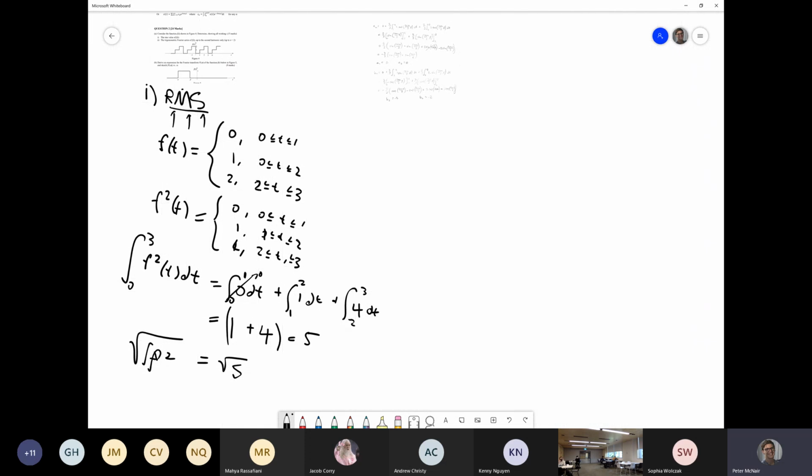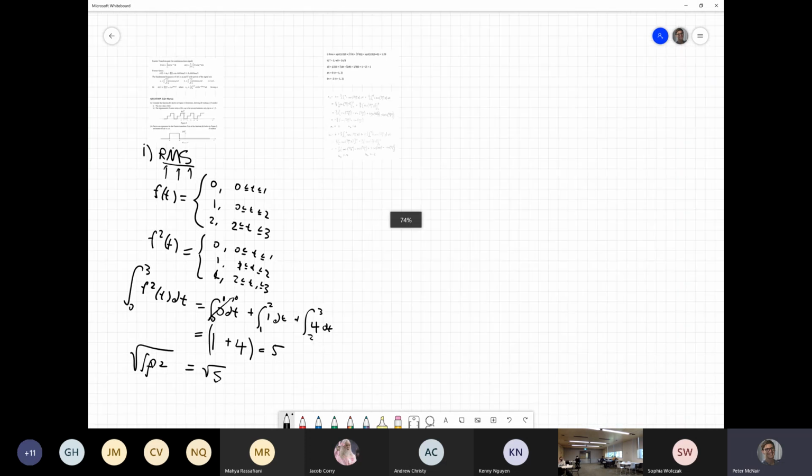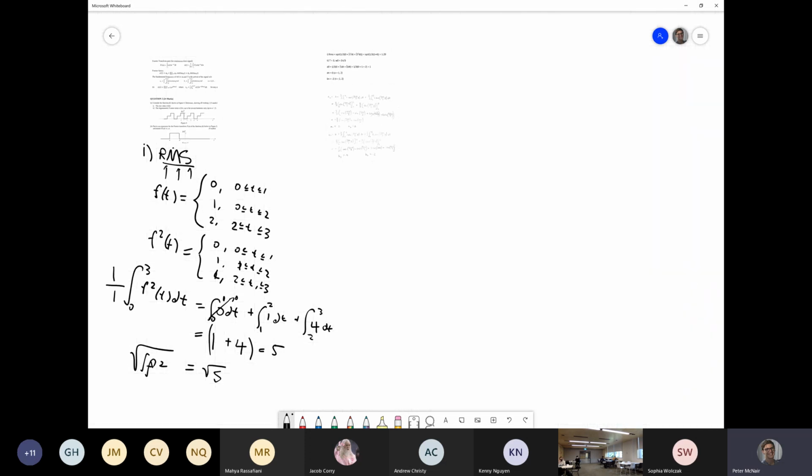So this is the integral, so this is the sum, but for an average, we've got to divide by the period. That's what I missed. We've taken the period to be 3. So let's divide this by 3. So this would be the square root of 5 on 3. So that's our RMS value.